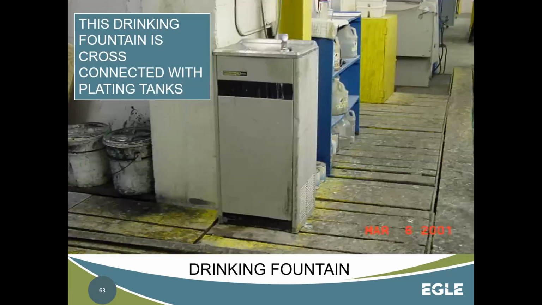It also turned out there was a drinking fountain attached to that same section of plumbing. So these were all potential exposure risks that were not being properly protected against.